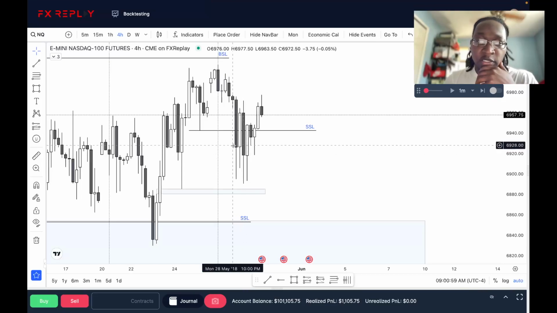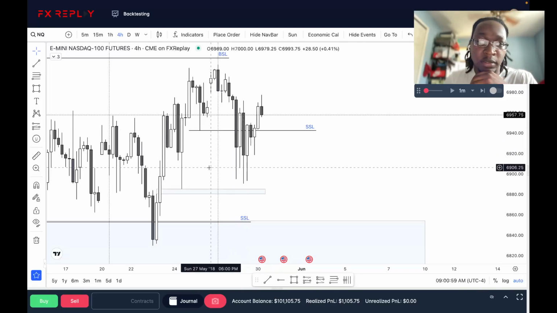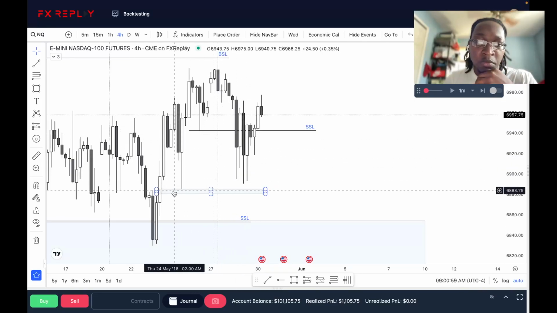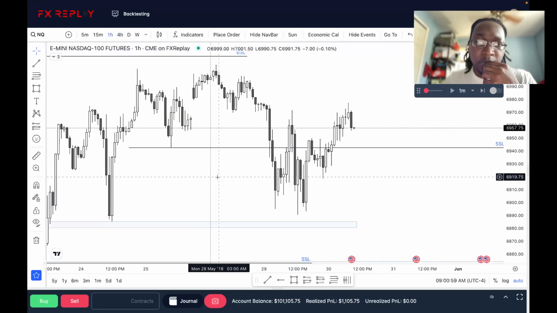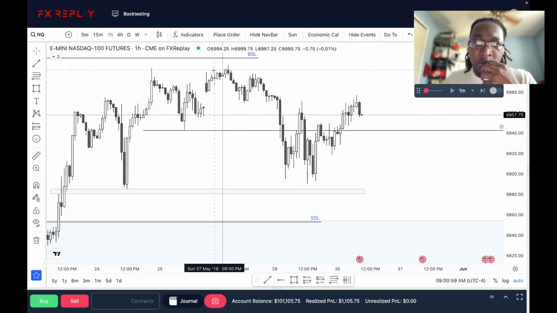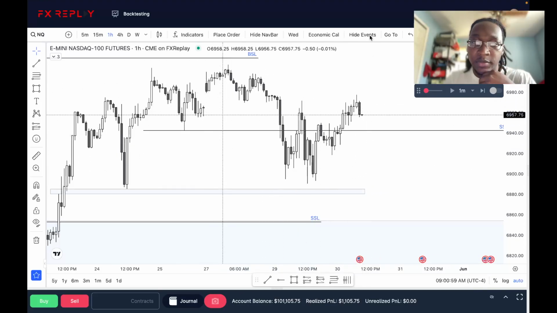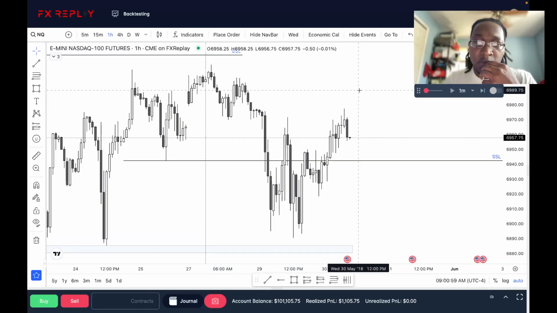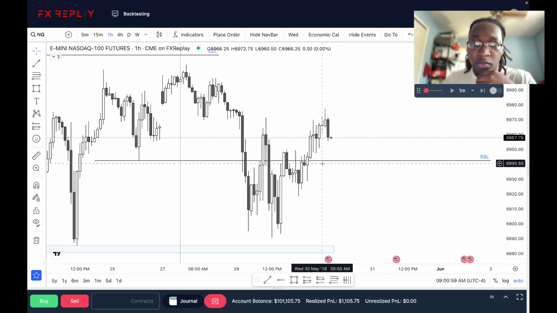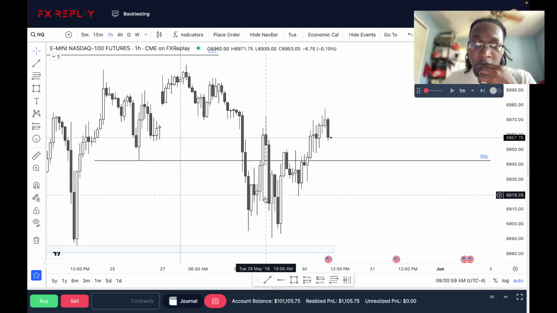Yeah, to me, this looks like it's just working this level here, failing to get down to these lows over here. Consolidation, manipulation, and then distribution above the highs. This does look a little funky though, because we run this low here, this would be looked at as a breaker.